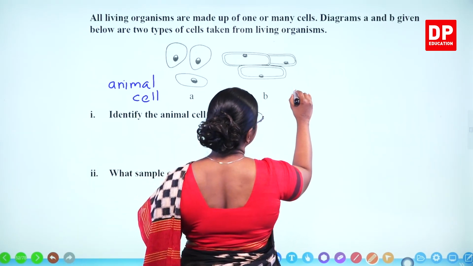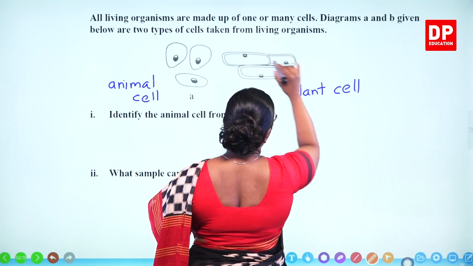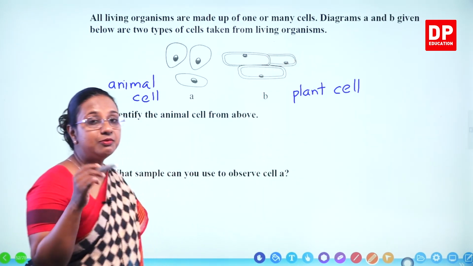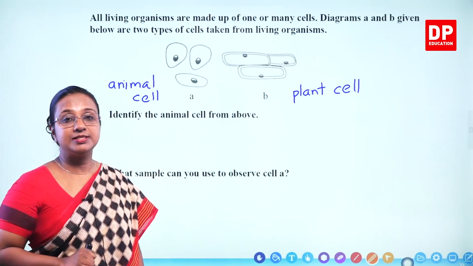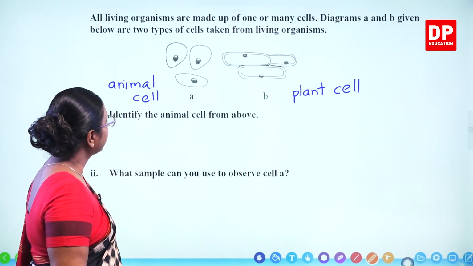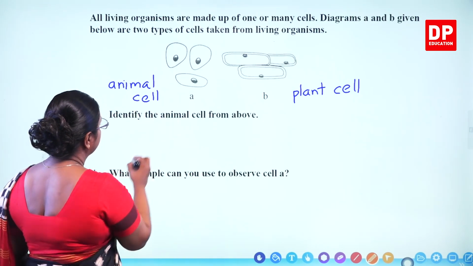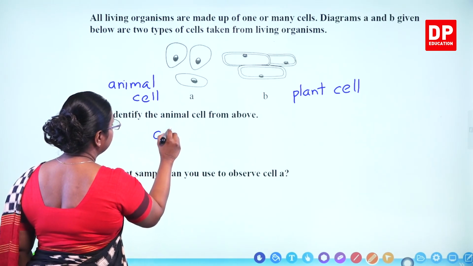And B as plant cells because they have a cell wall and the nucleus is pushed towards the periphery of the cell. Identify the animal cell from above. So that is cell A.